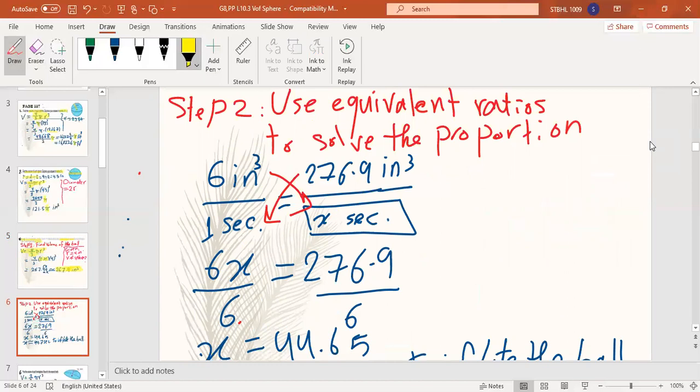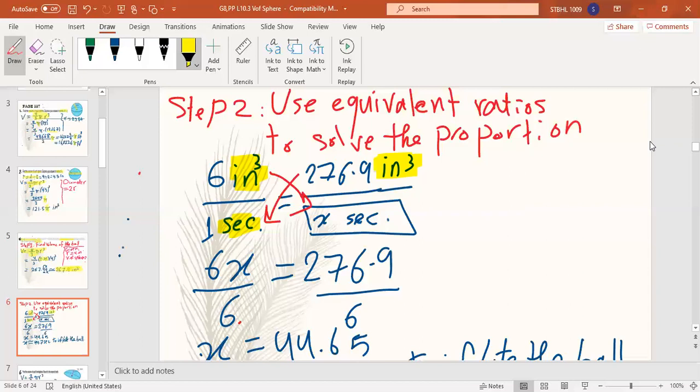The rate which is given is 60 cubic inches per 1 second. This is which is given in the question. And of course, the volume of the ball is 267.9 cubic inches. It will go to the numerator because in the proportional relationship, I have to keep the same unit in the same side of the fraction. So 60 cubic inches for numerator. So I have to put 267.9 cubic inches numerator also.